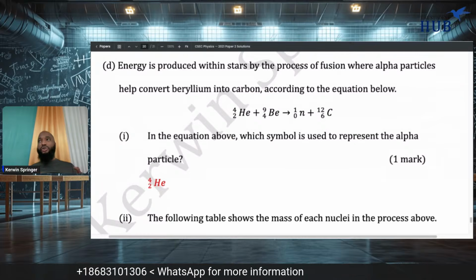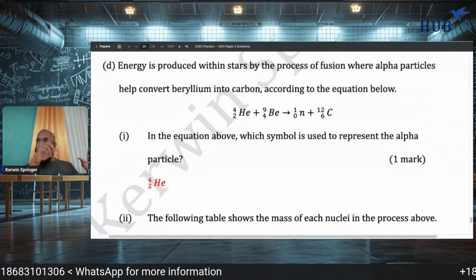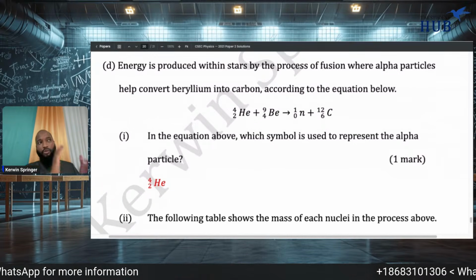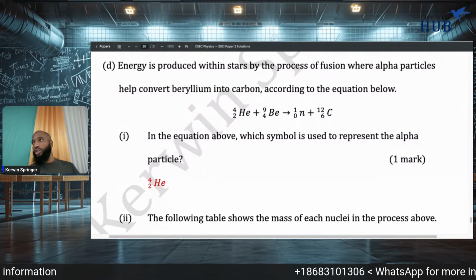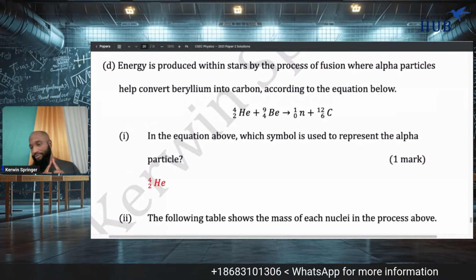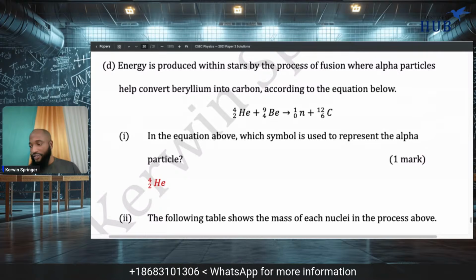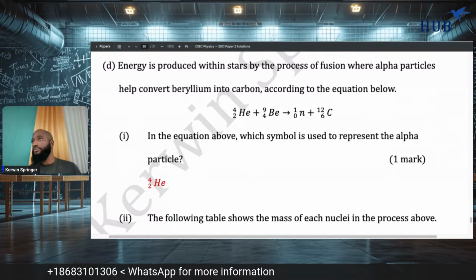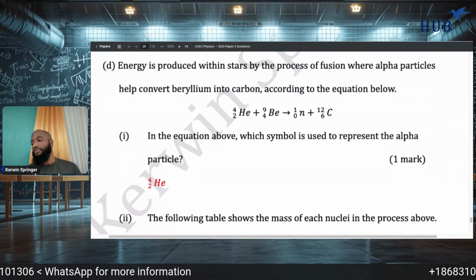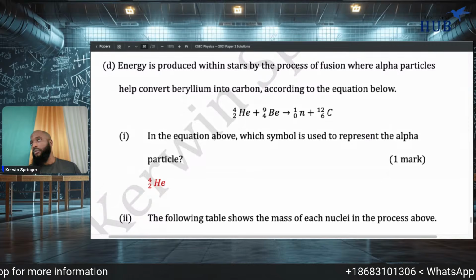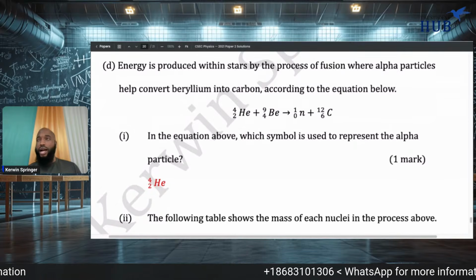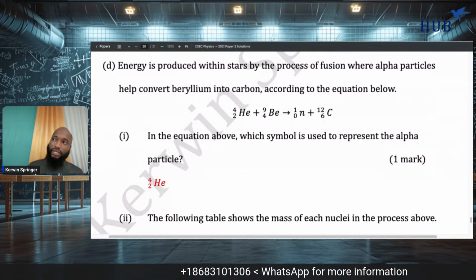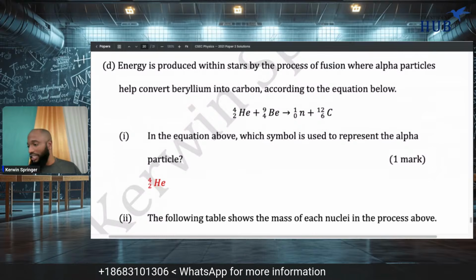Now remember, when you're doing this, you usually work in what? U. And what does U stand for? Atomic mass unit. You add up all of that, you subtract, and you get something called the mass defect. So you add up the mass of the reactants, the ones that start off the equation.